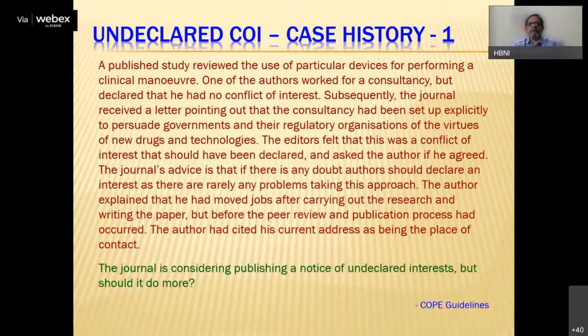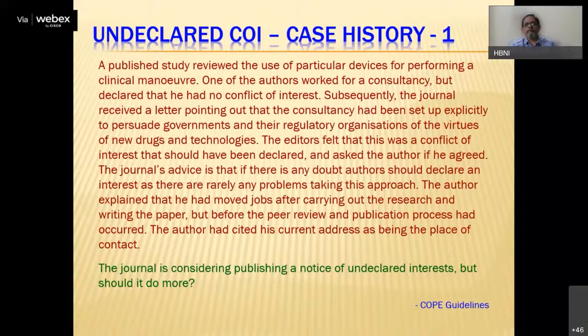So I'll try to give you one or two case histories of undeclared conflict of interest. There was one published study which reviewed the use of a particular device for performing a clinical maneuver, probably in a medical journal. One of the authors worked for a consultancy.